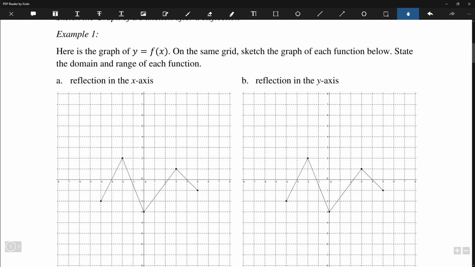So here we have two graphs, and we will reflect one over the x-axis and the other over the y-axis. As such, for the first graph, instead of y equals f of x, we will have y equals negative f of x, or negative y equals f of x.